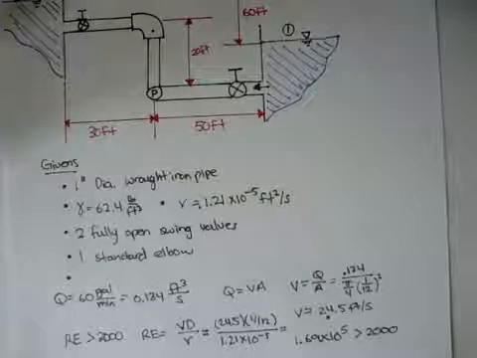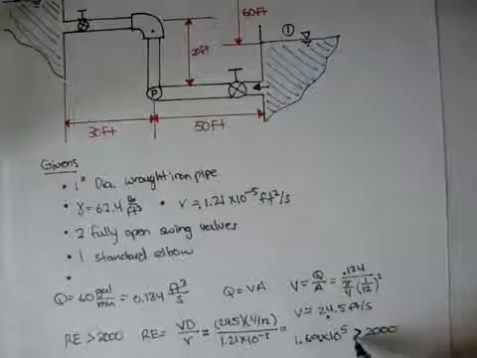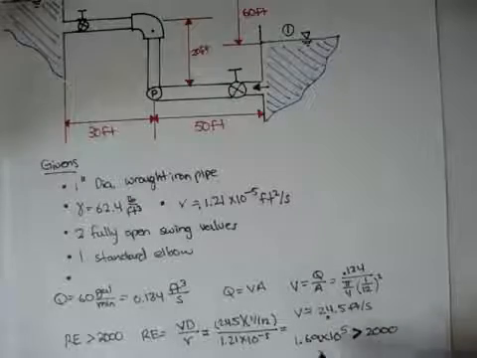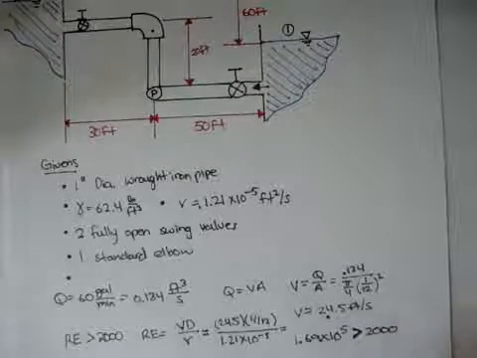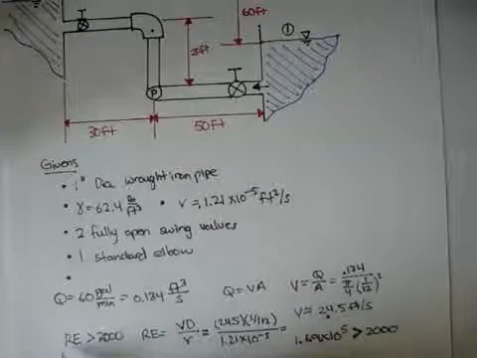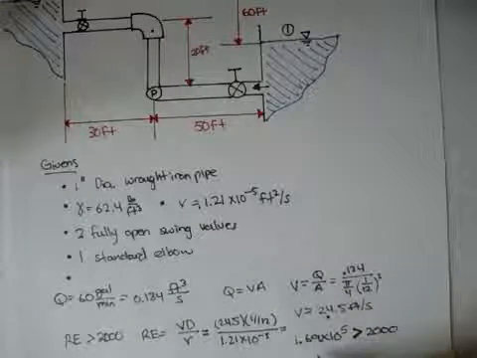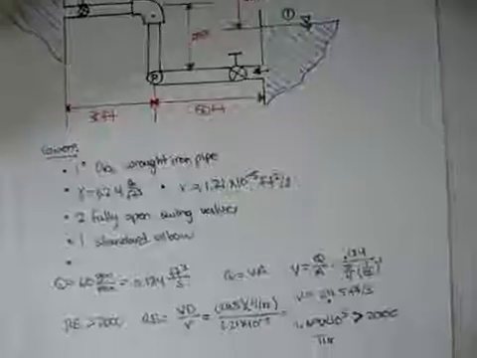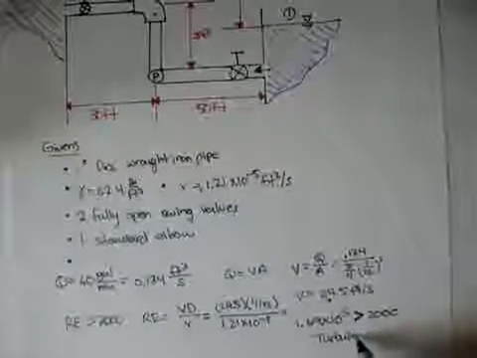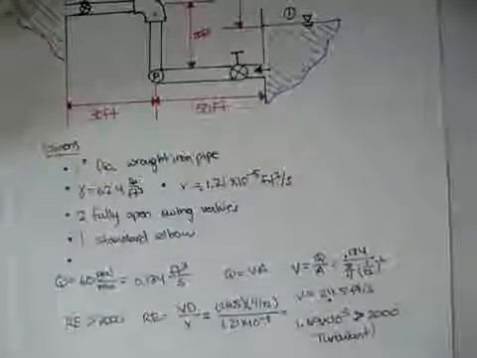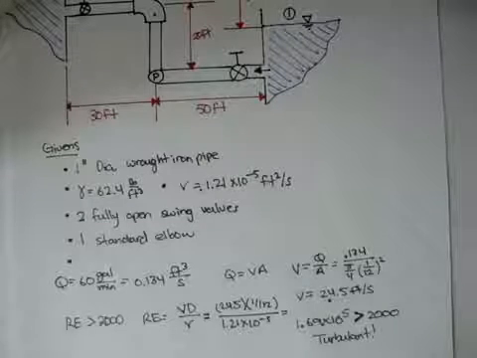Okay? And so if a Reynolds number for a fluid is greater than 2,000, it's turbulent. So this flow is turbulent. We can use the Moody chart and the minor loss coefficient chart.